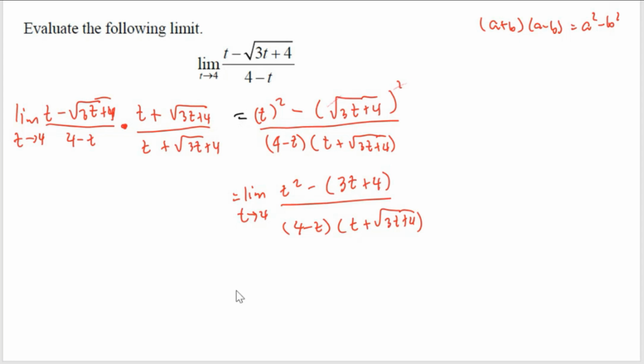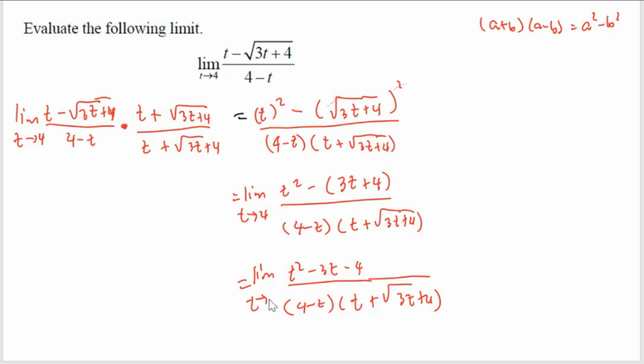So next we're going to use the distributive property. So we have the limit of t squared minus 3t minus 4 all over 4 minus t times t plus the square root of 3t plus 4 as t approaches 4. So the continuation here on top.